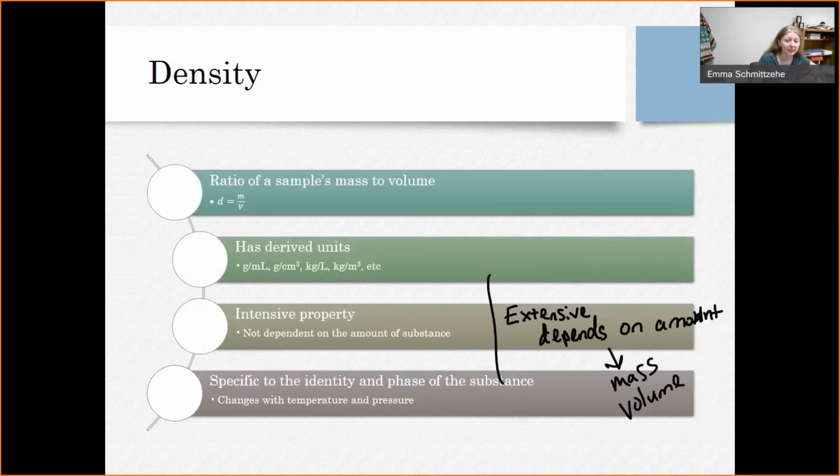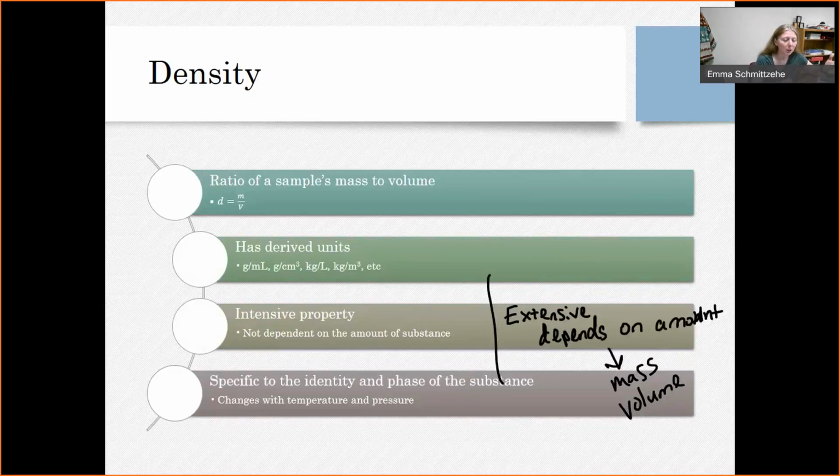And the reason that the phase changes the density is because pressure and temperature changes affect kind of the arrangement of molecules, how much they space out, and so that will affect the density, okay? And the identity of the substance, I probably should have listed that as well, the reason that changes it is because of how the different molecules interact with one another.